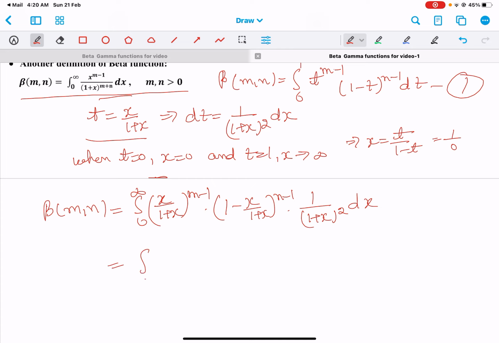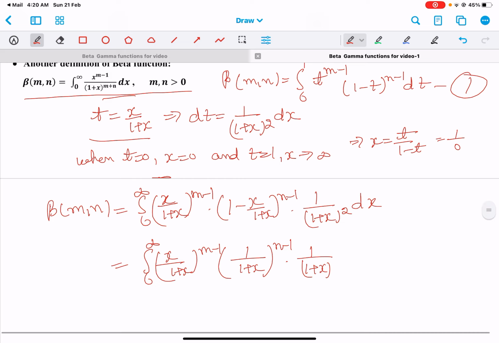This is same as integral 0 to infinity x upon 1 plus x to the power m minus 1 into 1 upon 1 plus x to the power n minus 1 into 1 upon 1 plus x whole square dx.